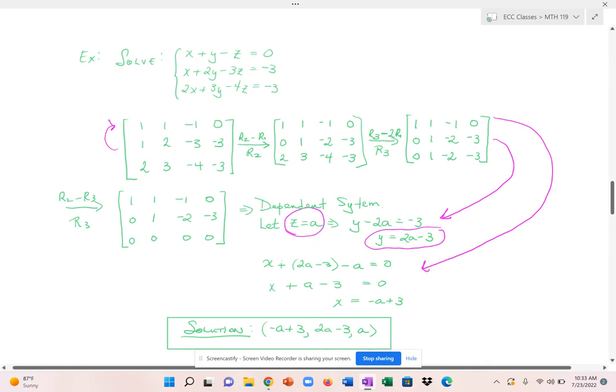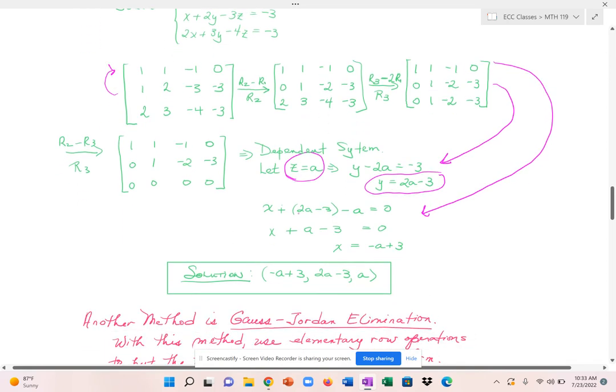So I get x plus y, which is 2a minus 3, minus z, which is now a, equals 0. When I combine like terms, 2a minus a leaves me with x plus a minus 3 equals 0. And when I solve for x, you subtract a and add 3, so x is negative a plus 3.